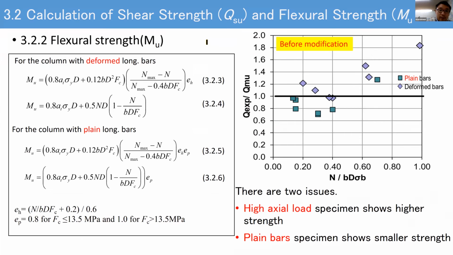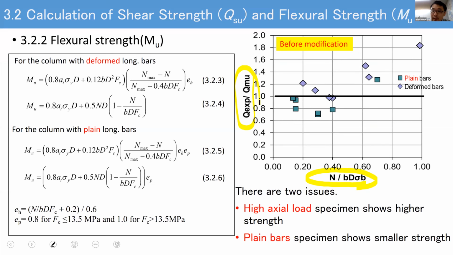Next is flexural strength, MU. Before going to concrete equations, we have examined the current Japanese equation using low strength concrete test data. This is a figure. Horizontal axis is axial load ratio, and vertical axis is tested strength divided by calculated strength. You may find two issues.